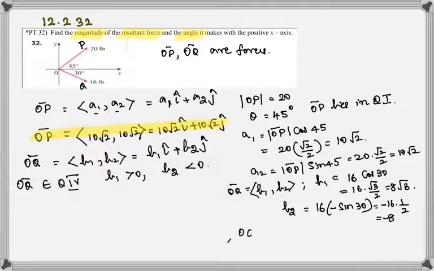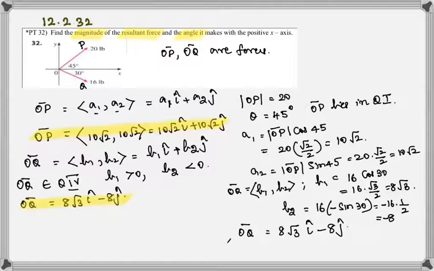So this vector OQ, which lies in quadrant number 4, has its x-coordinate positive and y-coordinate negative. So vector OQ is 8 radical 3 i minus 8 j. So we got the two vectors written in i, j form with the help of standard unit basis vectors.